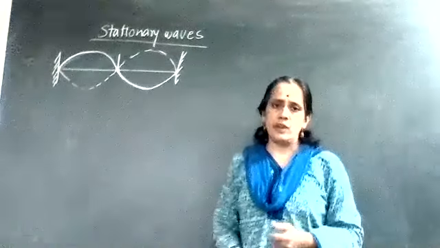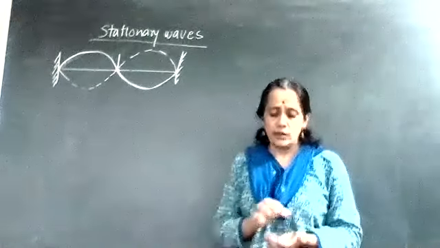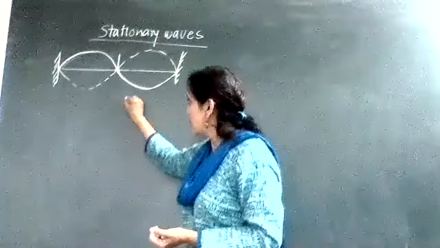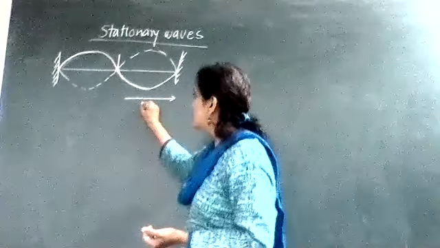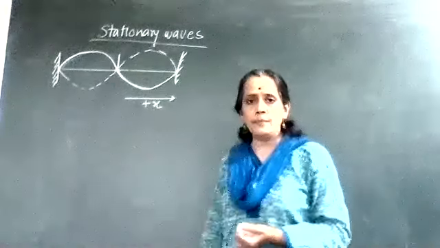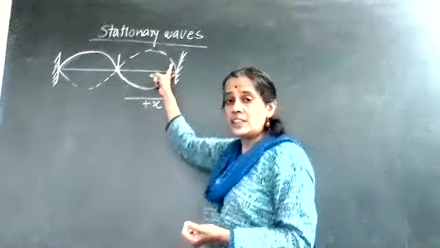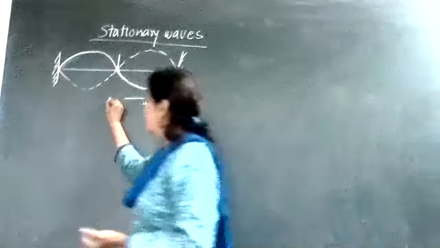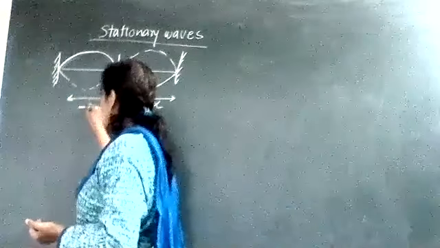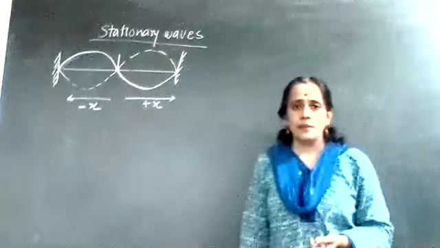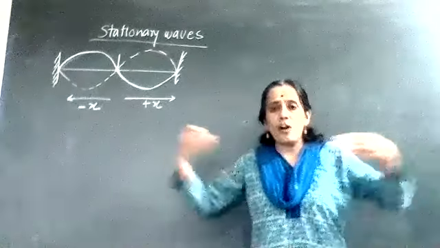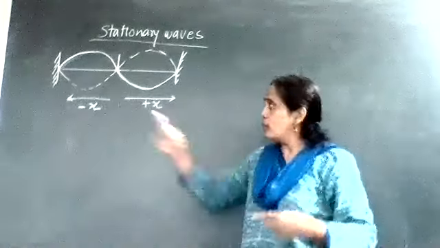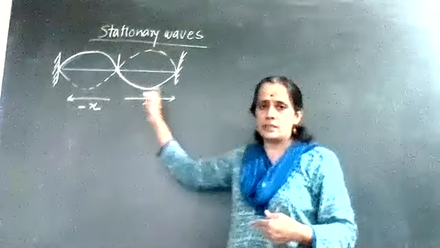So for a stationary wave, what are the requirements? Here I have shown that the trough is traveling along the positive x-axis. And whatever crest and trough we get as the reflected wave will be traveling along the negative x-axis. Means there is a setup of two progressive waves which will be traveling along the same axis.